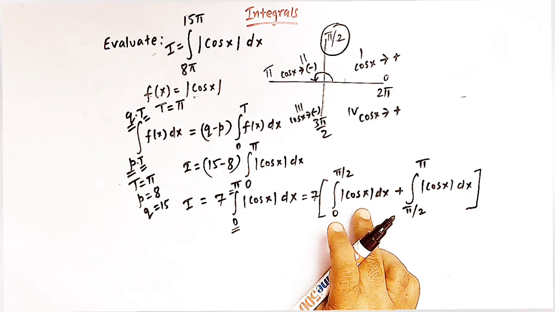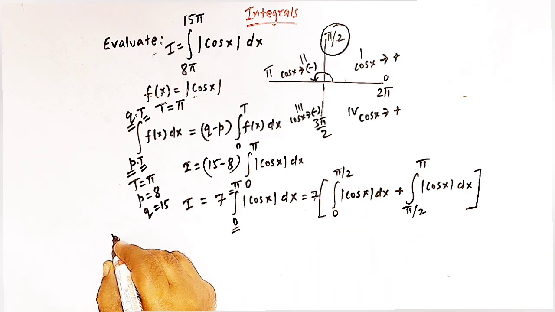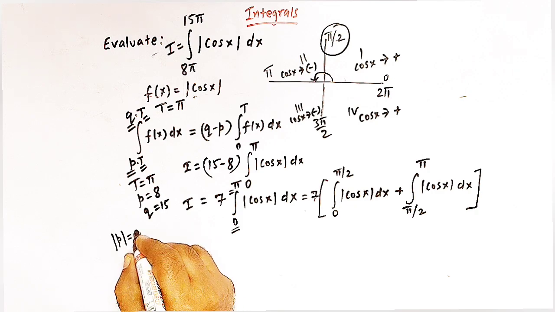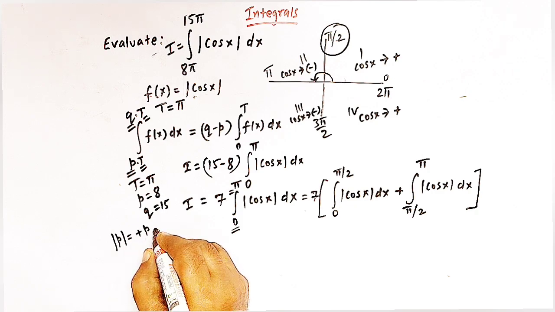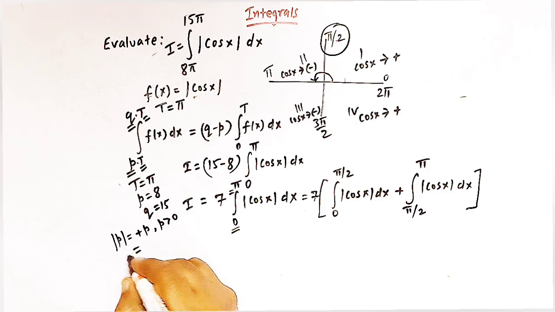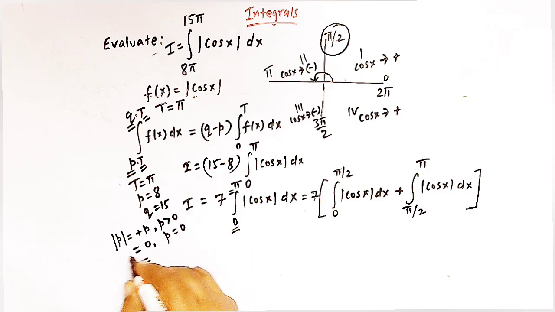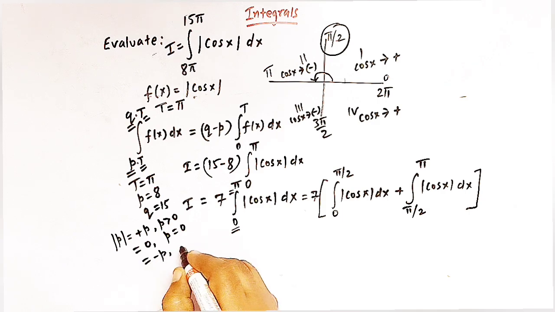Now let us make use of the definition of a mod function. Mod of p is defined as positive p whenever p is greater than 0, mod of p is 0 whenever p is equal to 0, and mod of p is negative p when p is less than 0, right?